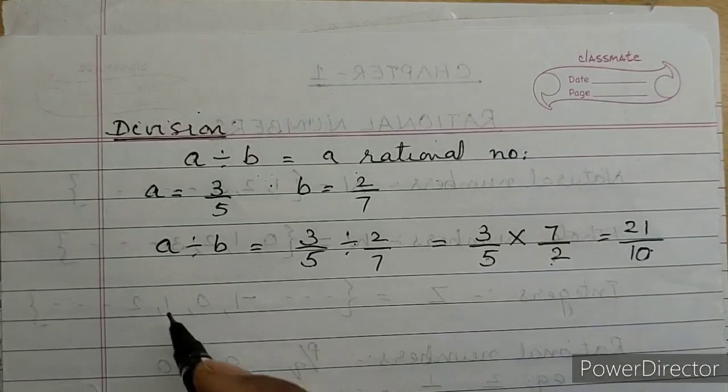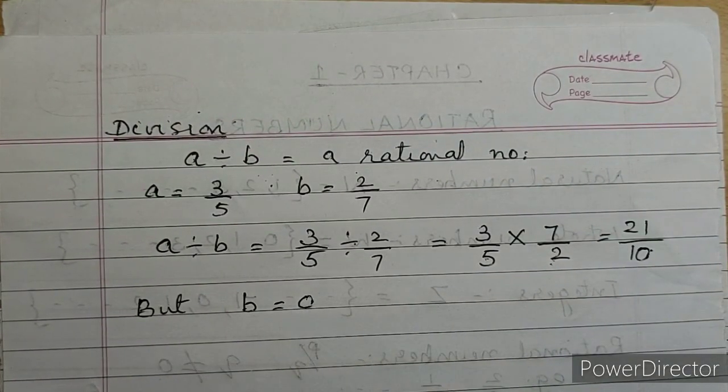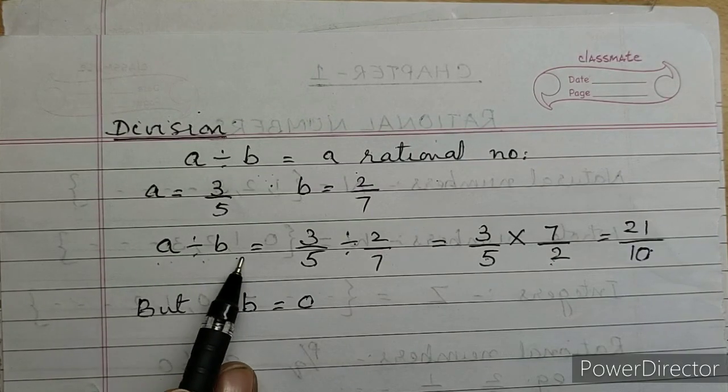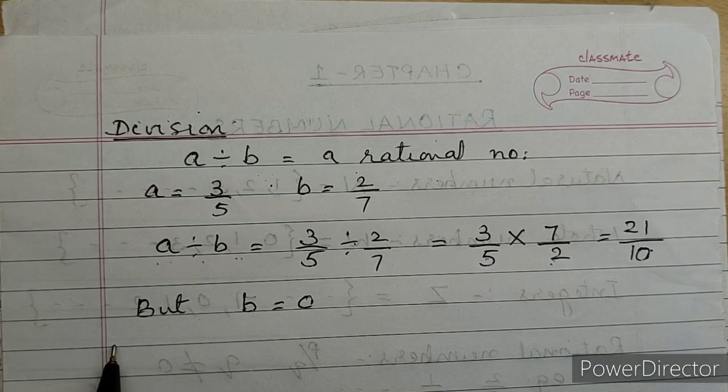But if the second number, that is B, is equal to 0, then A divided by B means A divided by 0. Any number divided by 0 is not defined. So that means when 0 comes, this is not true.